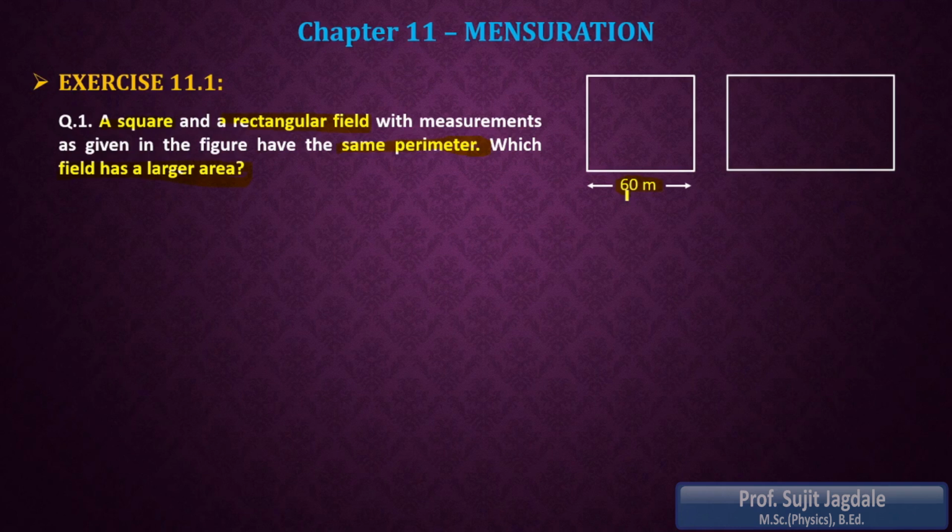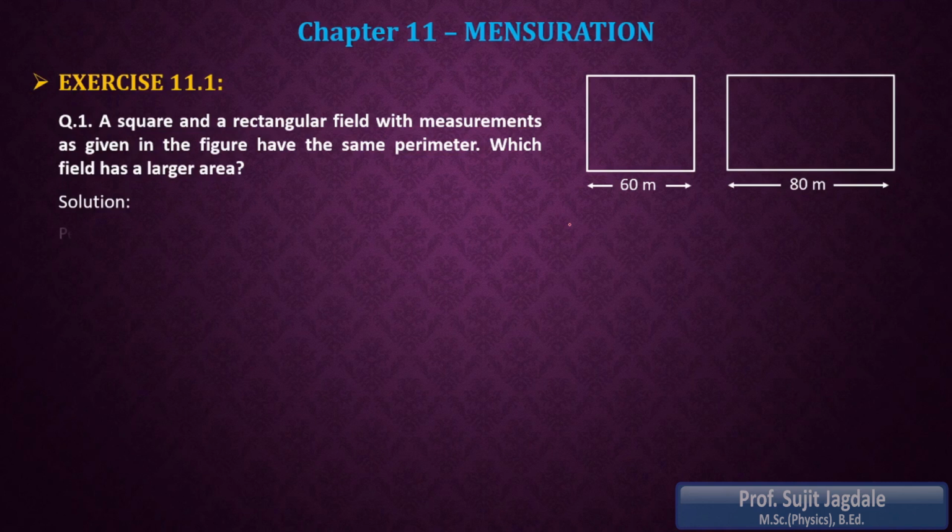The larger side is referred to as the length and the smaller side as the breadth. Here 80 meter is given, which is the larger side, so length is given, and breadth is unknown. First of all we have to calculate the breadth, then we can calculate the area of this rectangular field, and then determine which one is going to be greater.